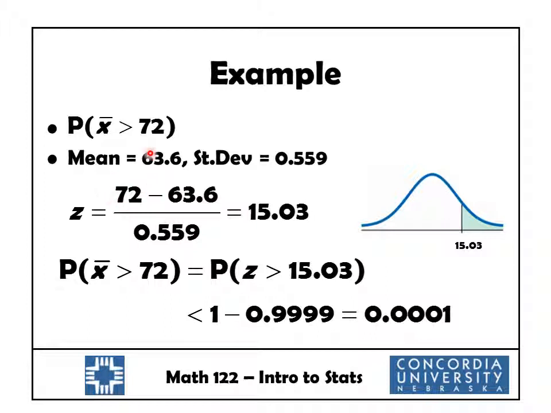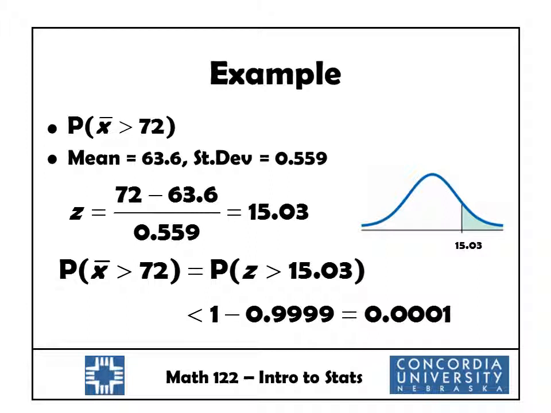So we calculate the z-score, take the number inside the parentheses, minus its mean divided by its standard deviation, which comes out to be this large number, and then we convert everything over to a standard normal distribution, and we look up this area here from our z-score table, and we get our final probability.